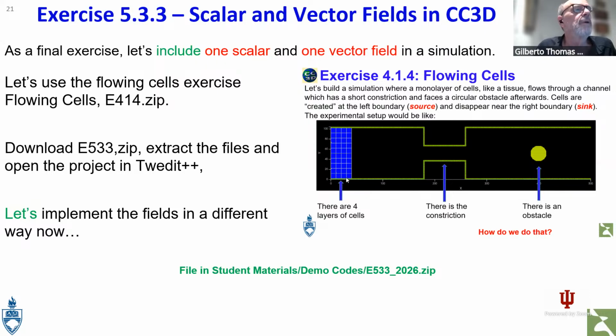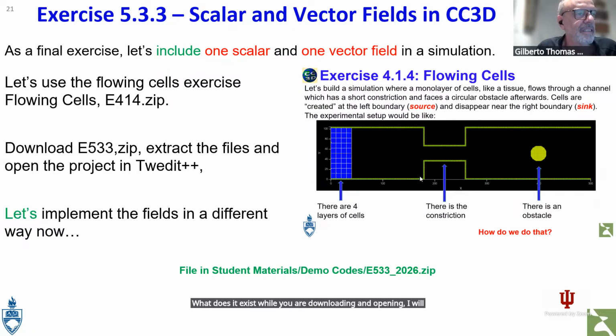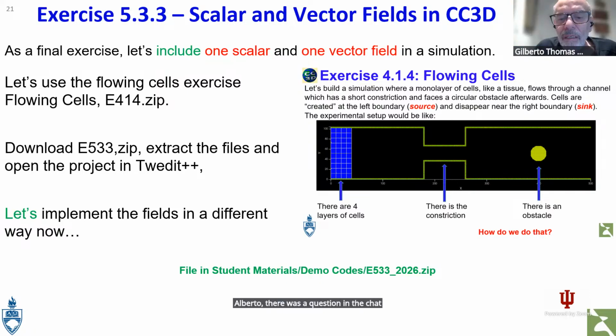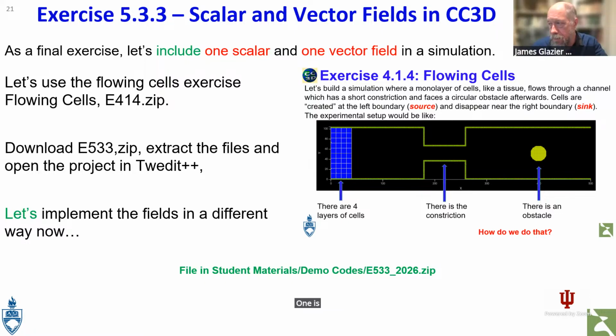Okay, what does the exercise do? While you are downloading and opening it, I will explain the simulation. There was a question in the chat. One is, how do I save the values of the velocity field in the CSV, which I think you're going to cover. And the other is, does the magnitude of the arrows change?